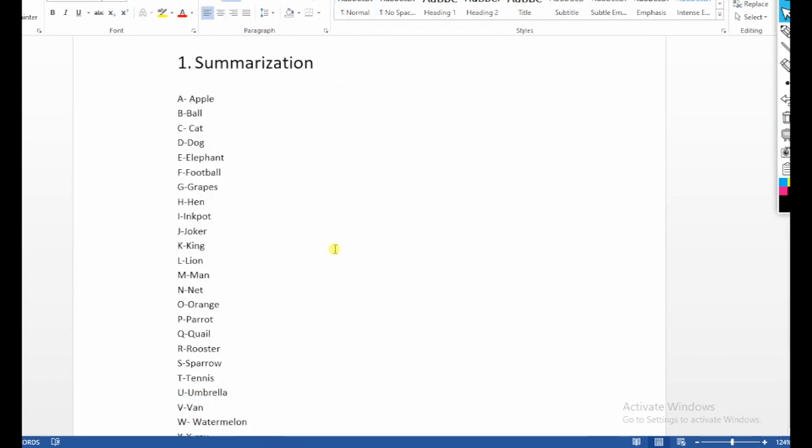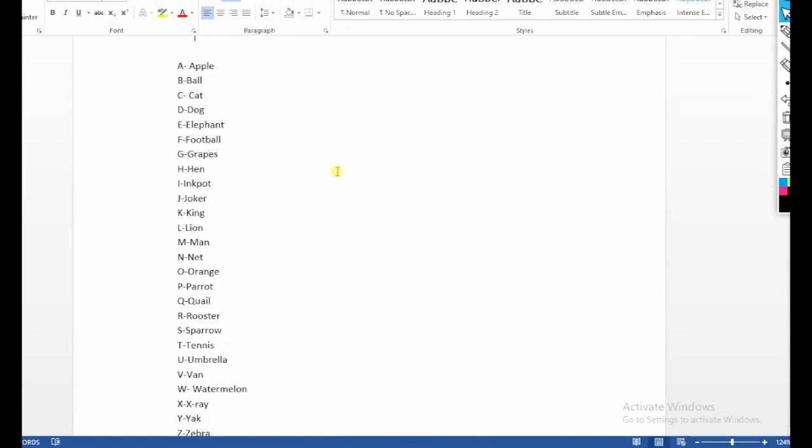Here you can see A, B, C: A means apple, B for ball, C for cat, D for dog, E for elephant. My intention is to tell you about summarization in exploratory factor analysis.